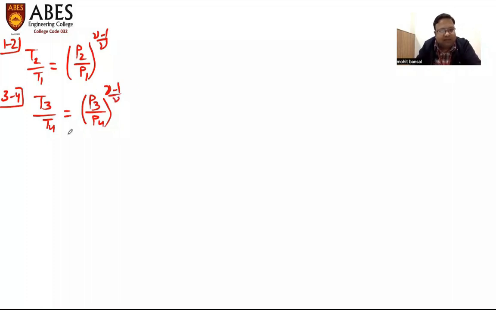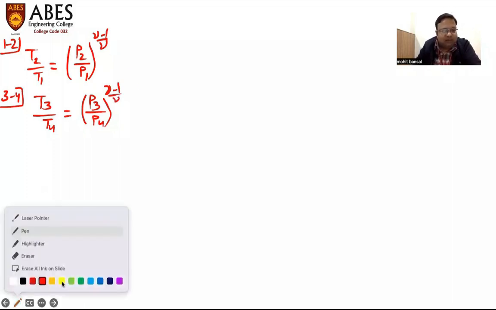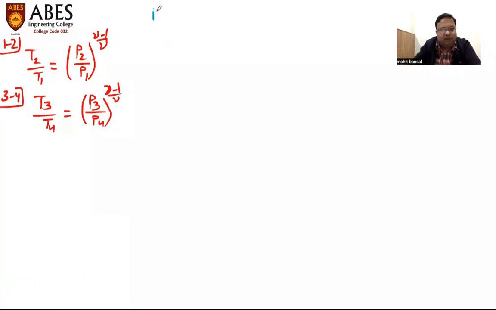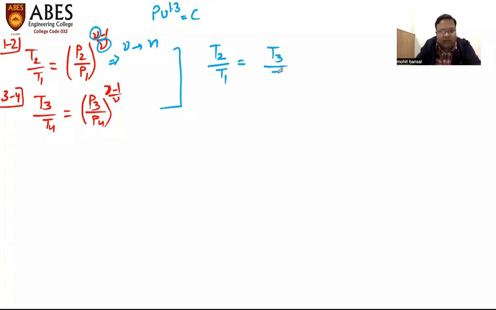The processes of compression and expansion follow the law PV raised to power 1.3 equal to constant, so in place of gamma, this will be replaced with N. So from these two relations we can write that T2 by T1 is equal to T3 by T4.